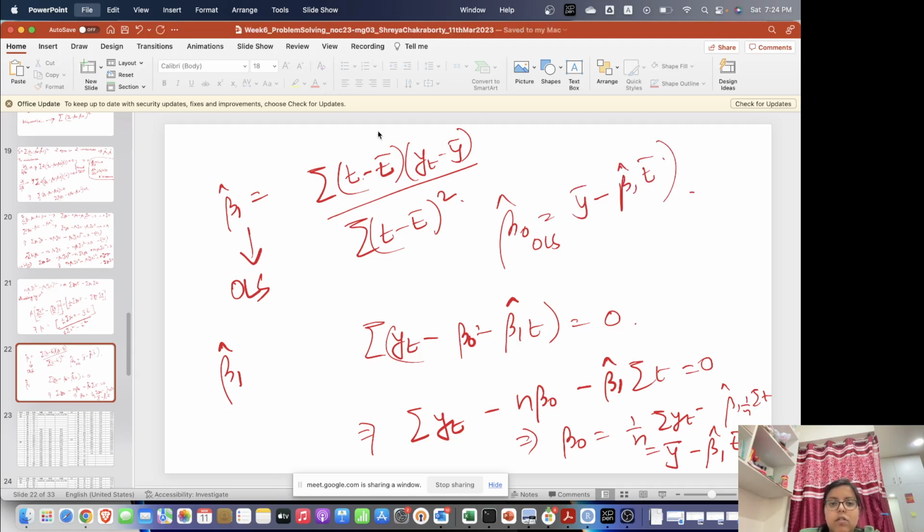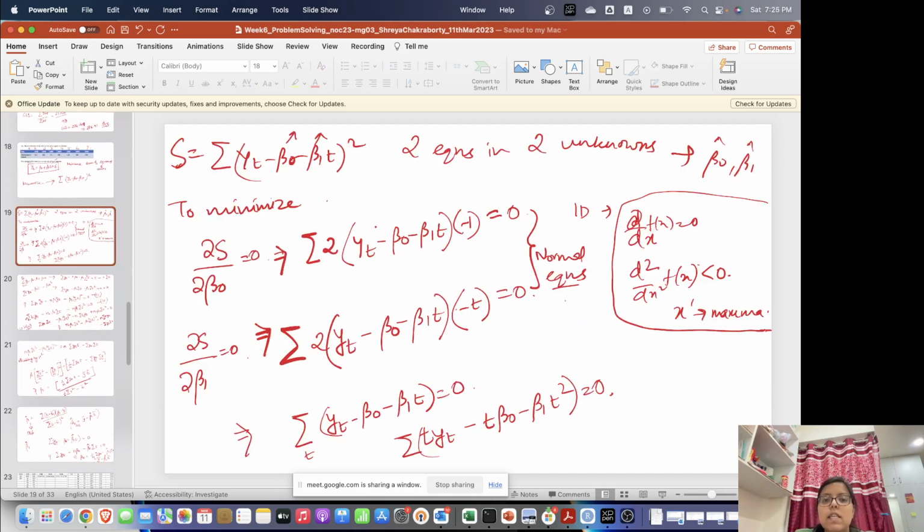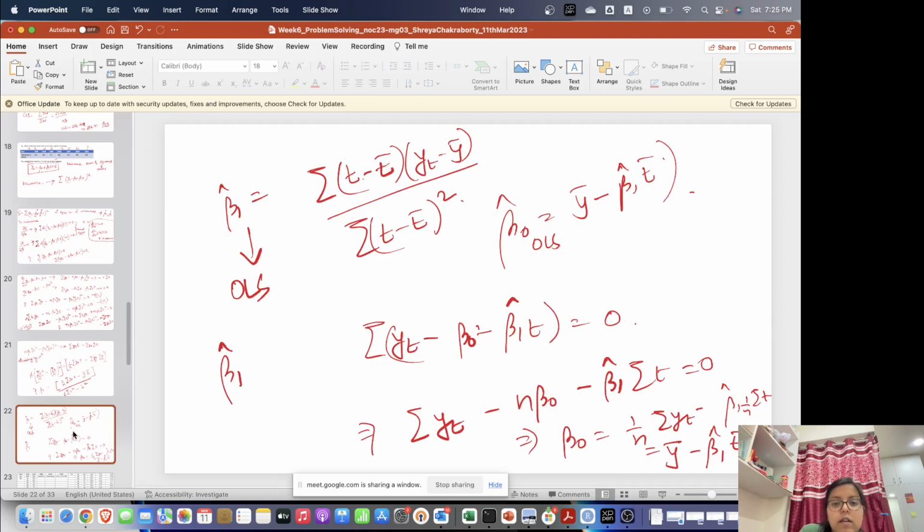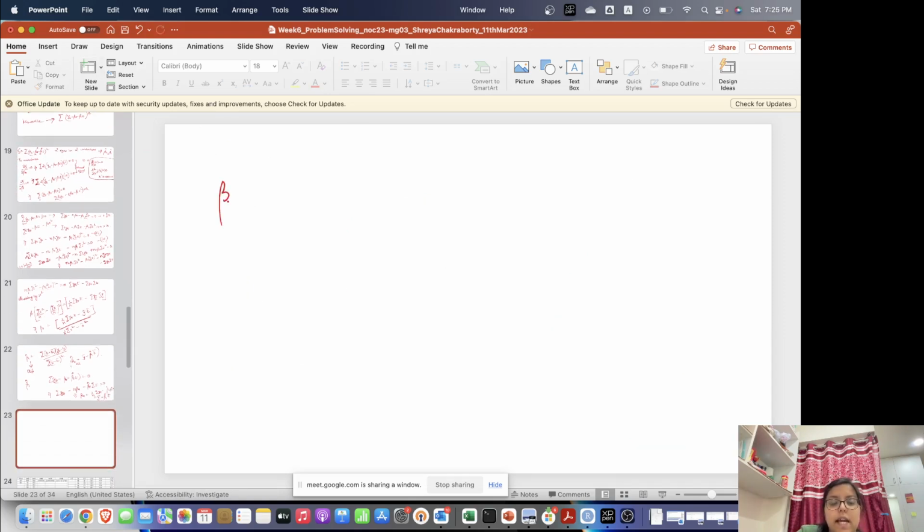Okay, so this is how the ordinary least squares are calculated. The main thing is we write the sum of squares of errors, differentiate with respect to the unknowns, get the normal equations, solve the normal equations and get the values of the parameters. Okay, so then we have arrived at this final formula. I'll just write it in a proper slide.